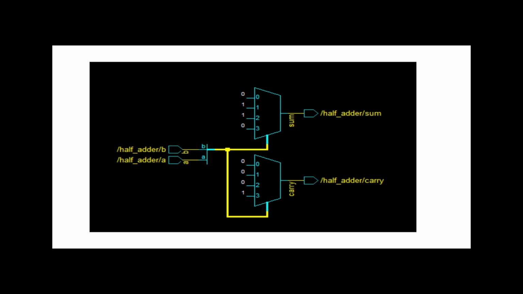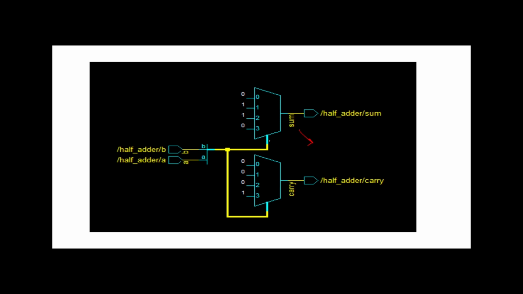Okay. And if you do the synthesis for this and see the schematic view, you will find the circuit something like this. So you can cross check also here. Let's say, for example, you see this sum expression.